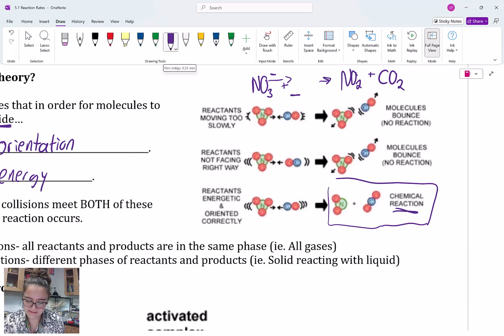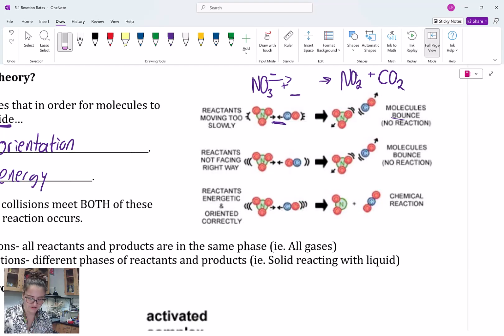So if you look at this one, okay, and they're moving too slowly, they'll just bounce off of each other. If they're not facing the right way, if we have oxygen running into that nitrate rather than the carbon atom, they're not going to react because there won't be the electrons needed to form that bond and form that interaction. So you need to have enough energy and the proper orientation.